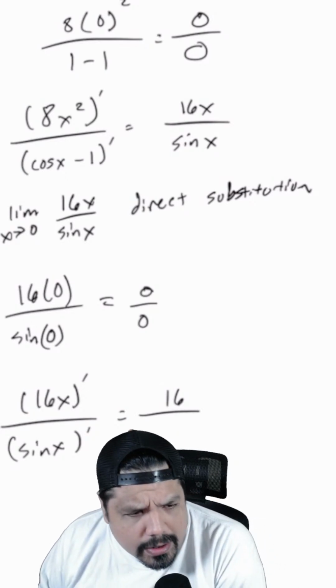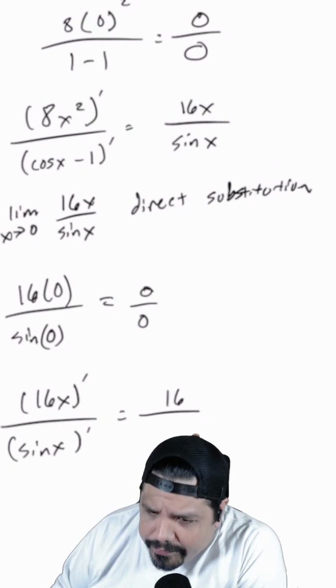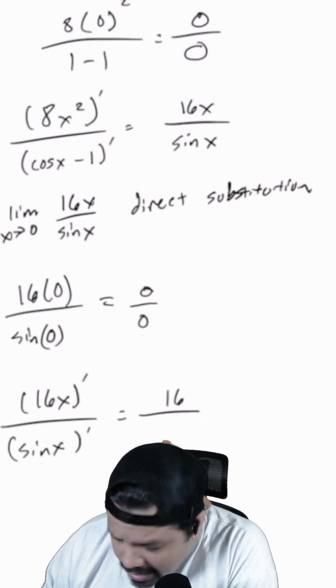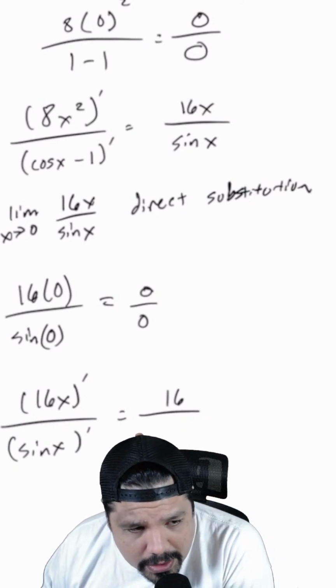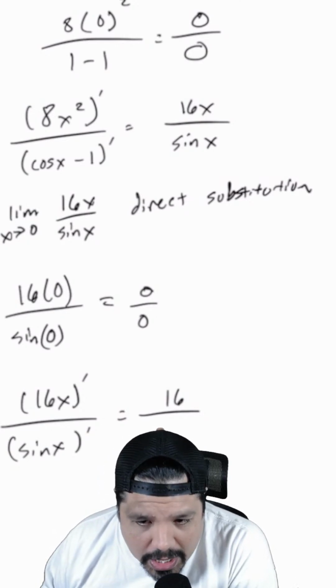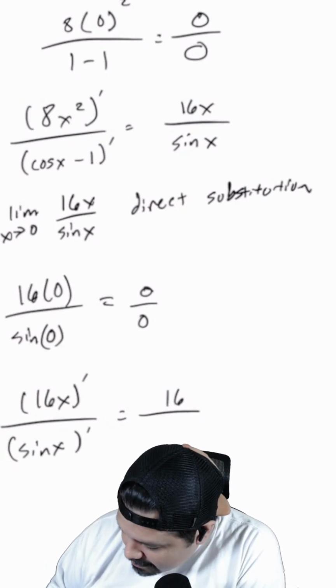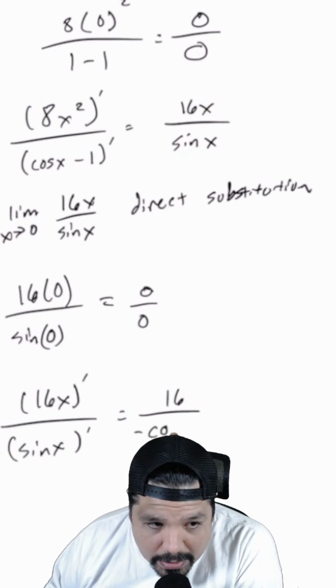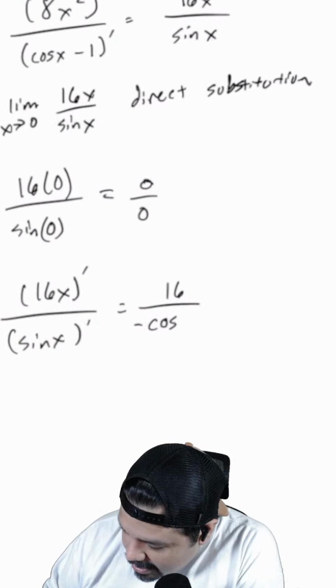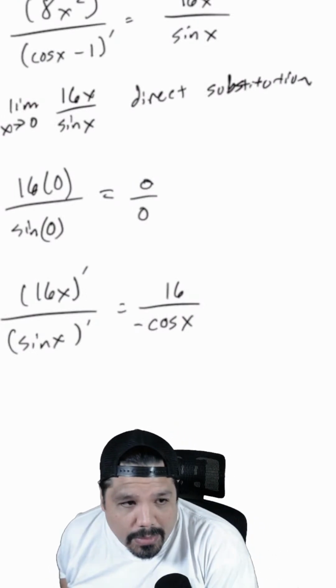Well, what is the derivative of sine x? That's right. Anytime you go from sine to cosine in a derivative, you gotta add that negative. Bada bing, bada boom.